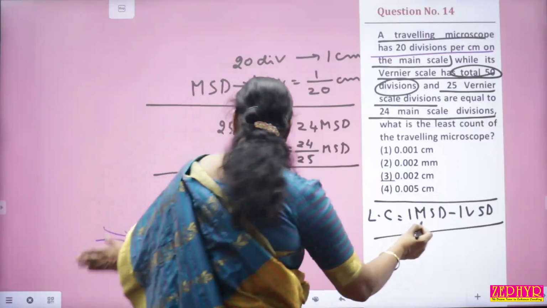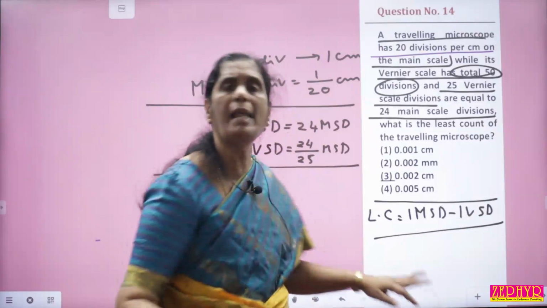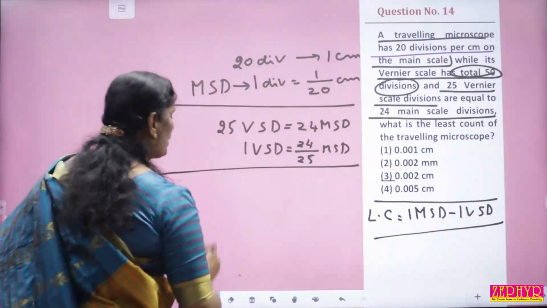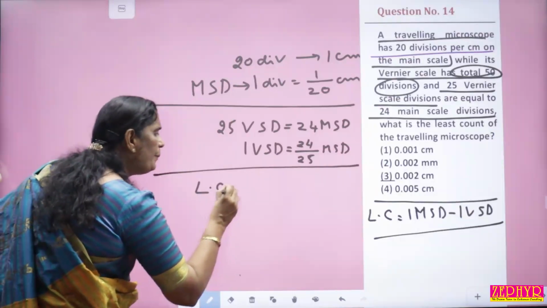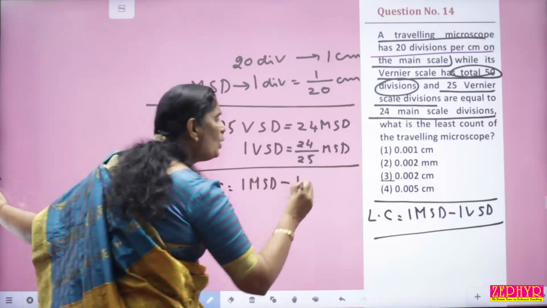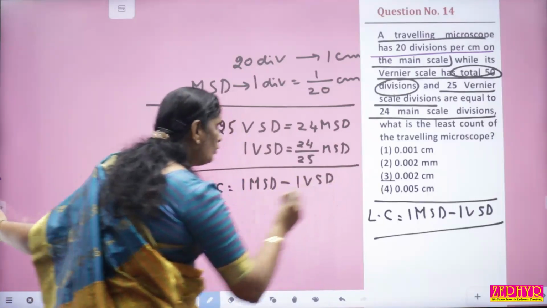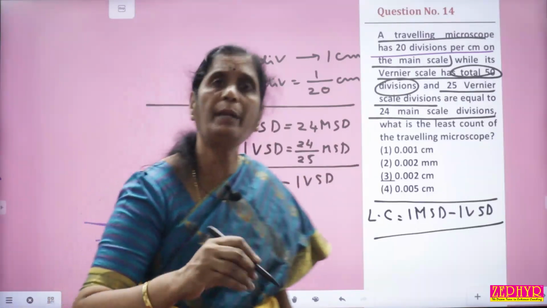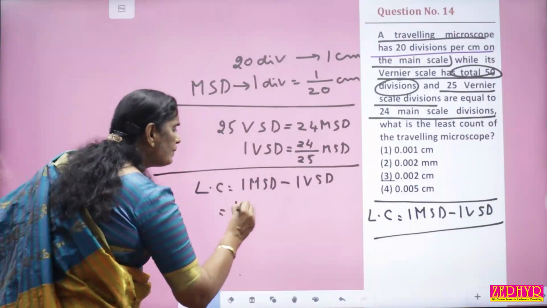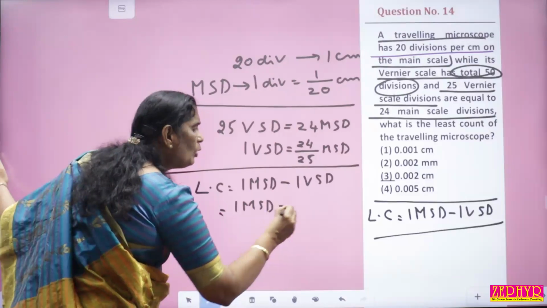Now we got the idea of MSD. We got the idea about 1 VSD. Now you have to subtract. Then you will get the least count. So now the least count will be value of 1 MSD minus value of 1 VSD. We will write everything in MSD at the end because VSD is in terms of MSD. So that is 1 MSD minus so and so VSD.